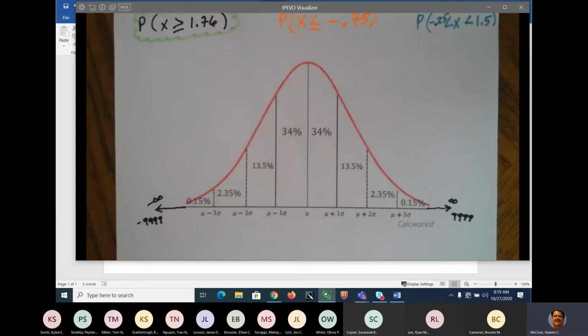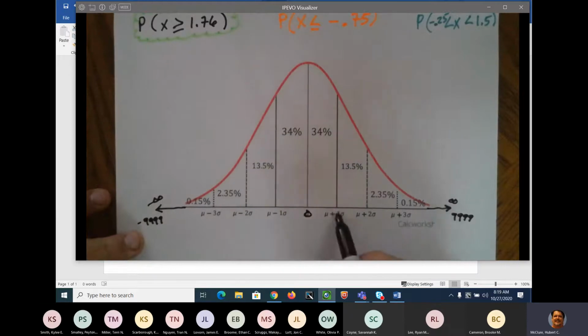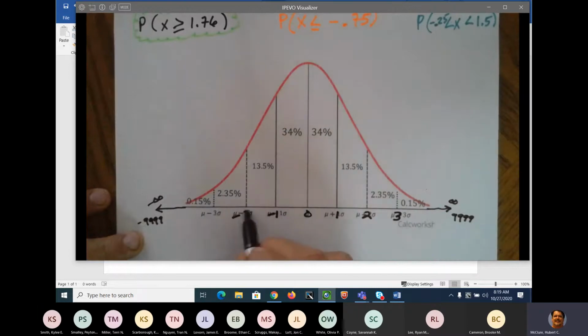So let's go ahead and do the green. 1.76. Well, let's go ahead and fill out the bottom. This is 0, 1, 2, 3, negative 1, negative 2, negative 3. So 1.76.